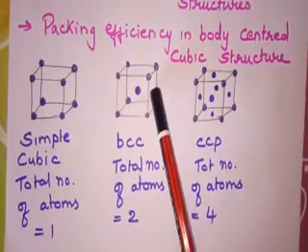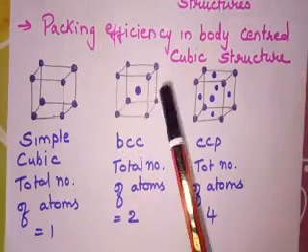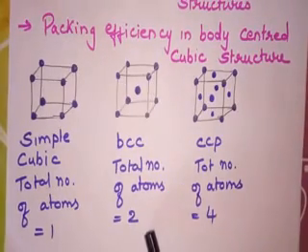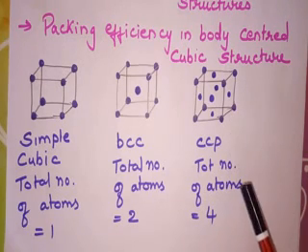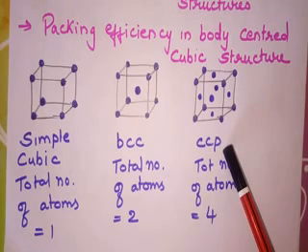In case of BCC, the atoms are present at the corners, so total 1, and 1 at the center of the body. So total number of atoms is equal to 2. In case of CCP, total number of atoms will be equal to 4. CCP is similar to FCC.